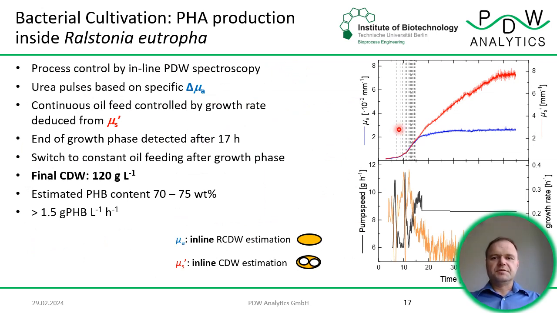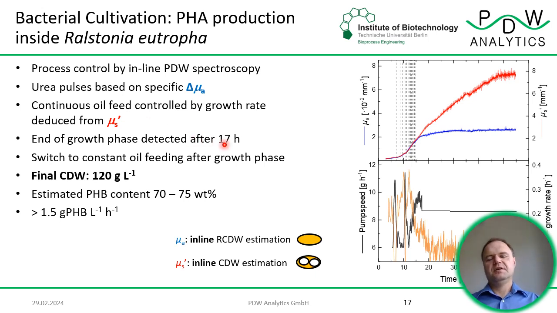And by having those two parameters separately and inline and in real time, actually process control can be induced. So the urea pulses can be controlled by a specific set point by the changing of the absorption coefficient, and the oil feed, which is needed for PHA growth, can be controlled by the reduced scattering coefficient.